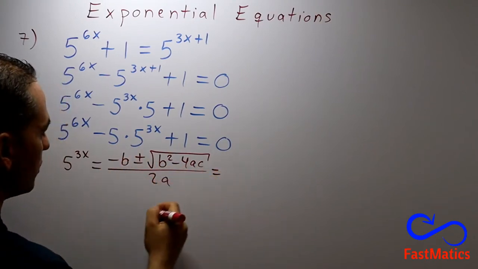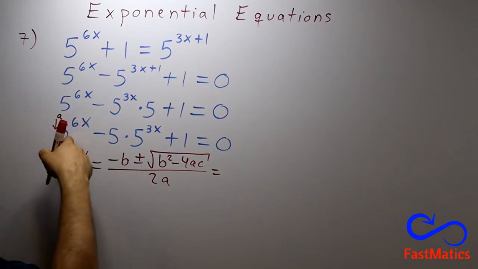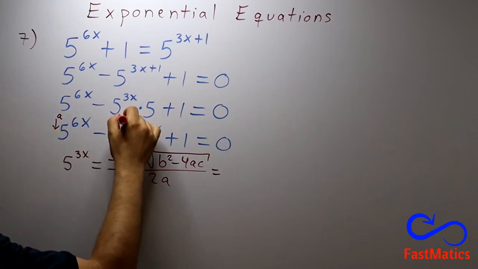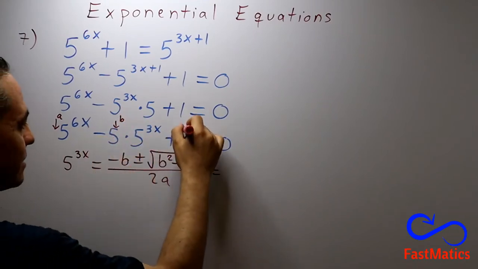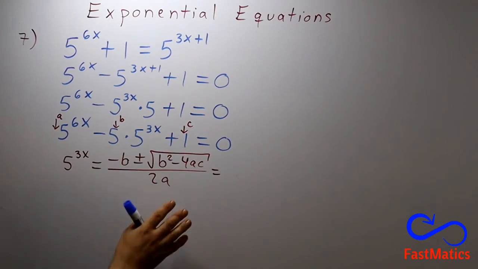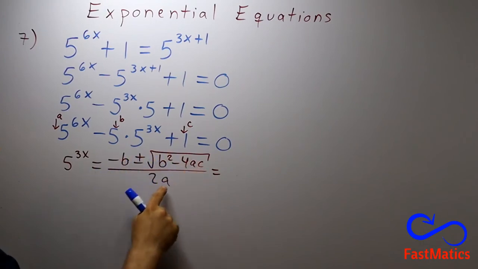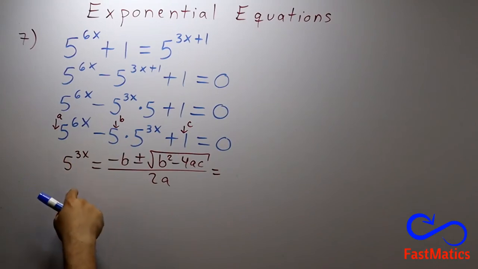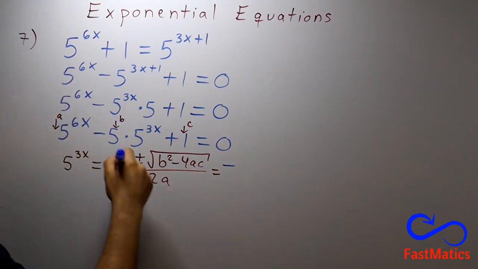Now we will see that a is the coefficient of the term with the highest exponent, that b is the coefficient of the term in the middle, and c is the coefficient of the term that is alone. Pay attention please, because you will never replace those letters with letters, always with numbers. Then -b, what's b? -5.